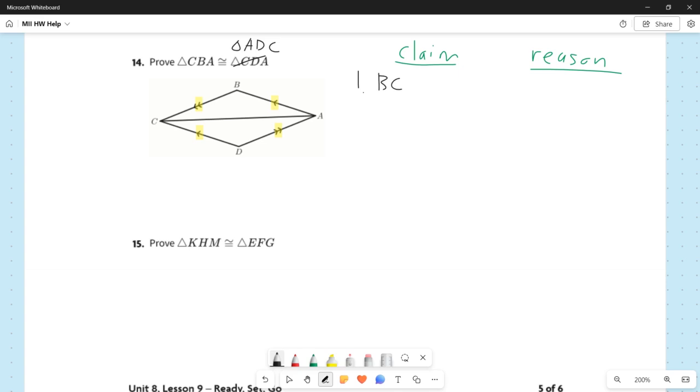So our picture tells us that BC is parallel to AD. And our picture also tells us that BA is parallel to CD. And the reason that we're allowed to say that is that this was given information to us.